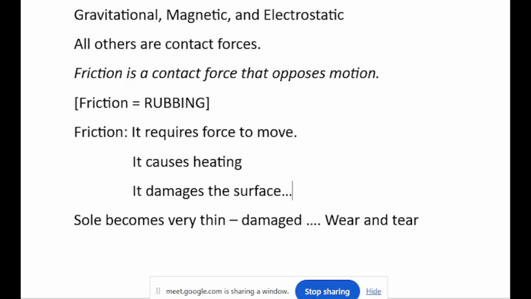Is it clear? Yes. I have to ask again, you should say it yourself, for every line. This is called wear and tear. It can be a shoe, a car tire, your eraser, anything after use, a wear and tear. That is the damage to the surface caused by repeated rubbing.